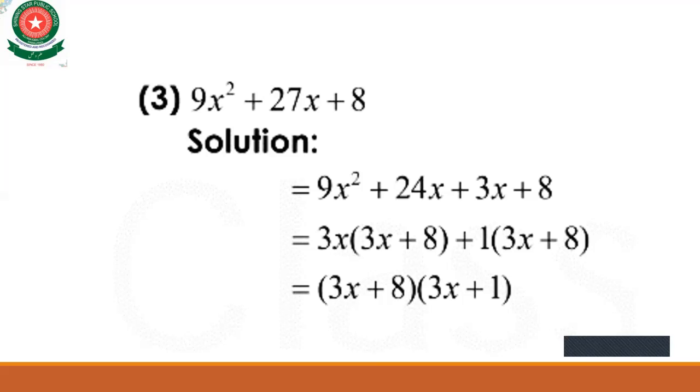Plus 1 is common, as you can see that here is no common, so taking 1 common, the remaining will be 3x plus 8. Here the common factor is 3x plus 8, remaining will be 3x plus 1.